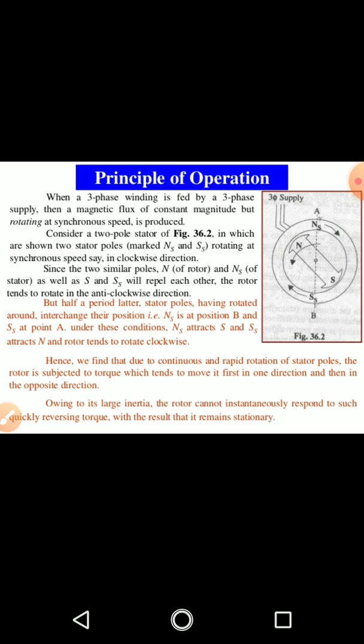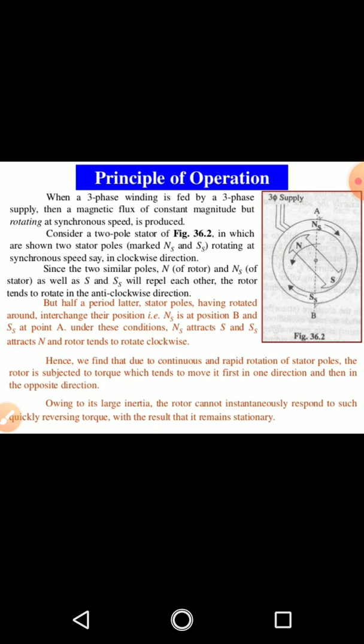Consider a two-pole stator as shown in the figure, Ns and Ss, in which are shown two stator poles, as I told you earlier, rotating at synchronous speed, say, in the clockwise direction. Since the two similar poles, N of the rotor and Ns of the stator, as well as S and Ss, will repel each other, the rotor tends to rotate in the anti-clockwise direction.